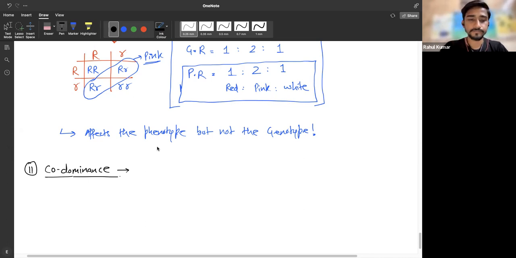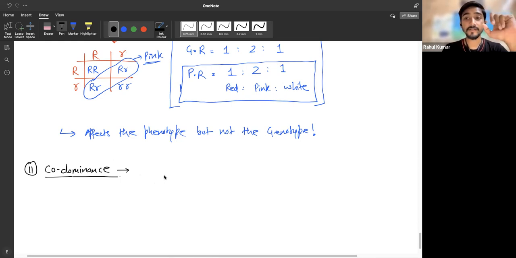Write down: codominance is a type of gene interaction where two alleles of the same gene, in a heterozygous condition, are expressed together, expressed separately and equally, to give rise to different traits in the same individual.